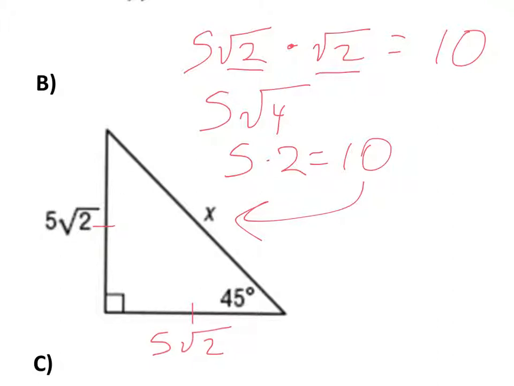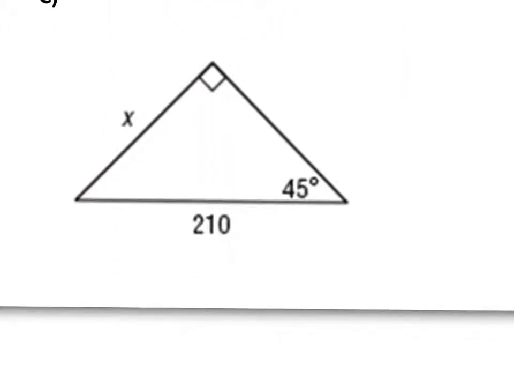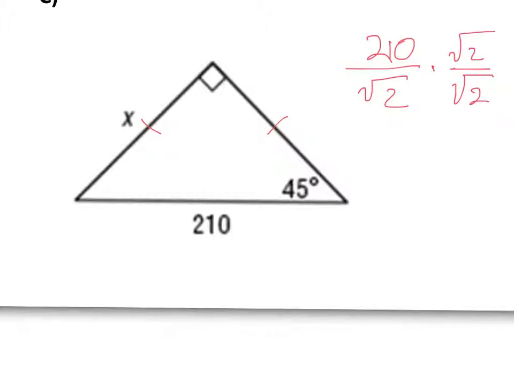Okay, let's look at example C. Here we have the hypotenuse. So remember, this is the example where I'm going backwards. So I have 210, and instead of multiplying it times radical 2, I'm going to divide by radical 2. We can't have a radical 2 in the denominator, so we multiply that by radical 2 over radical 2.